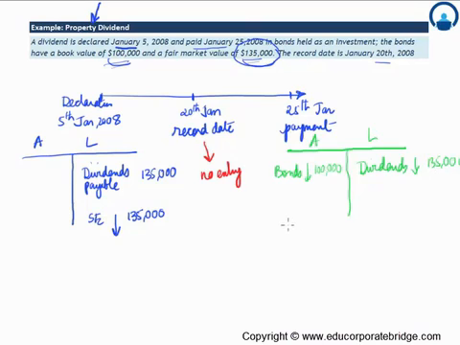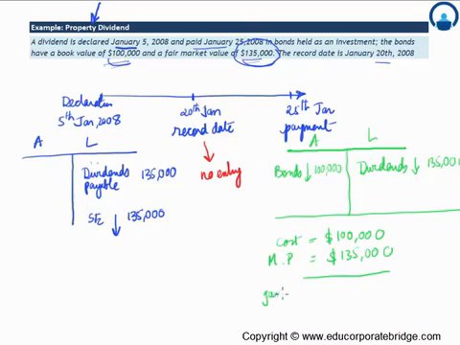Where will this 35,000 come from? Think about bonds. Bonds were at cost price of $100,000 and the market price is $135,000. So when they are sold, there's a gain on sale of bonds, and the gain is equal to 35,000, the difference between market price and the cost price.